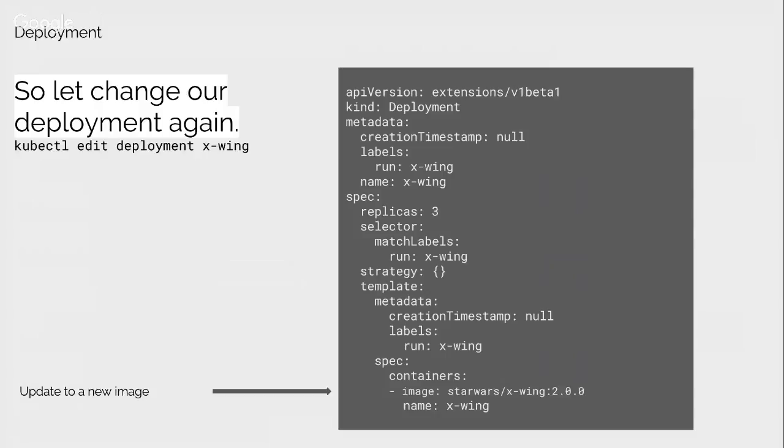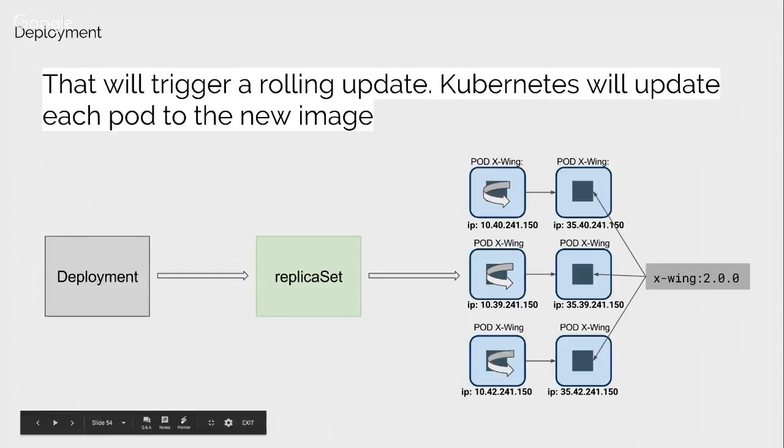If we want to edit our YAML again, you could be doing some sort of continuous integration or something of that nature, but we're just going to do it manually here. We go in and update the image. We want a faster X-Wing now because the 1.0 is too slow, so we're going to go up to 2.0. We change the image to say 2.0, and Kubernetes is now going to trigger a rolling update.